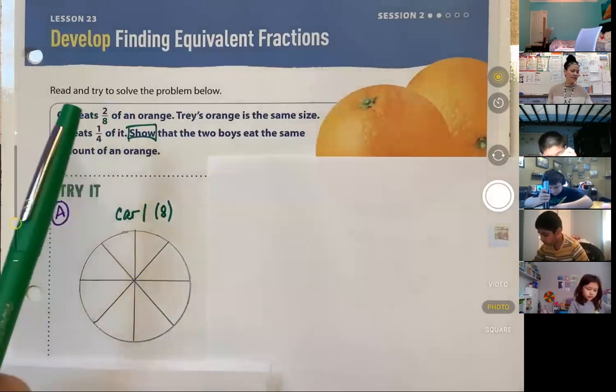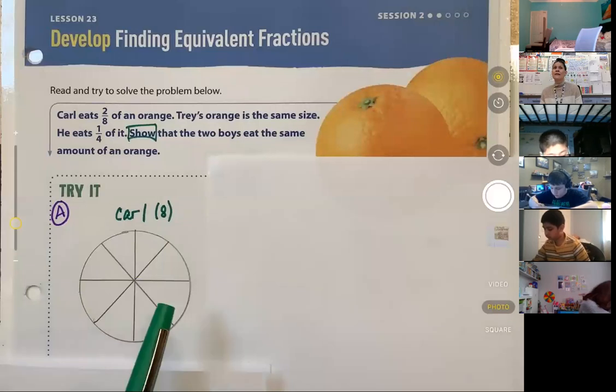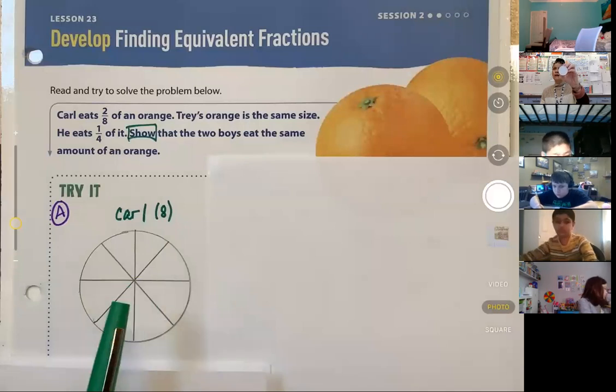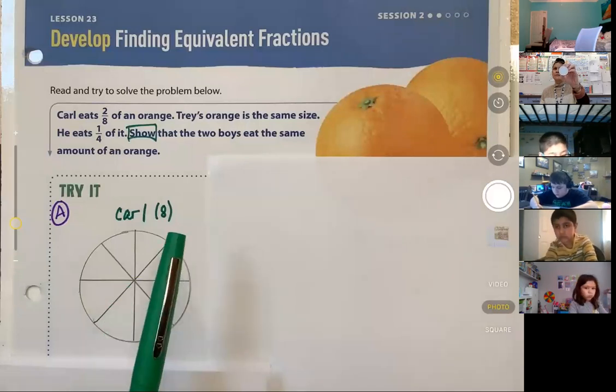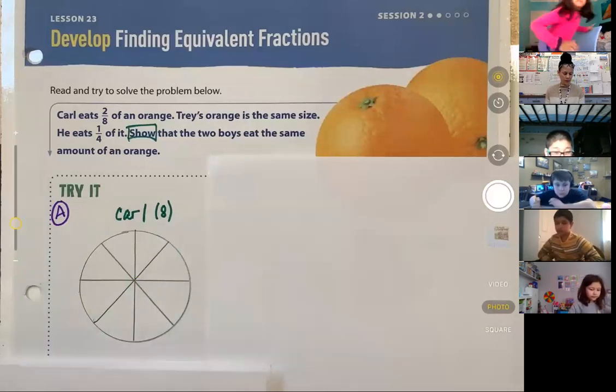So what did I do? I took something like this and I traced it because I do want to make sure that Carl and Trey have an equal size. Has to be equal, right? So what I did is I traced my little circle here and I'm pretending that it's an orange and I cut it into 8 pieces. That's Carl.